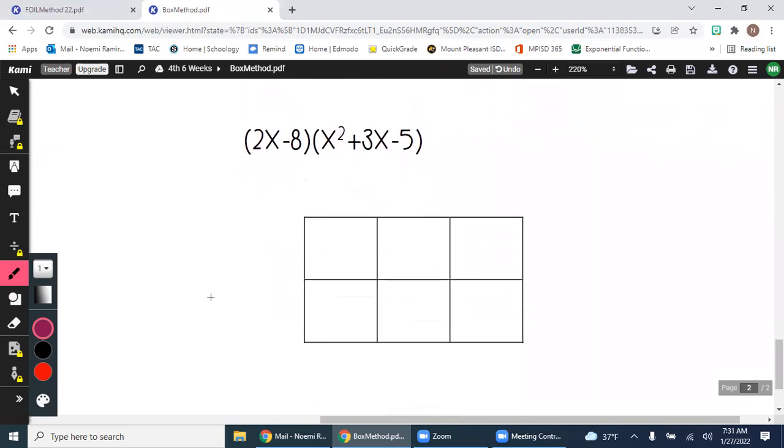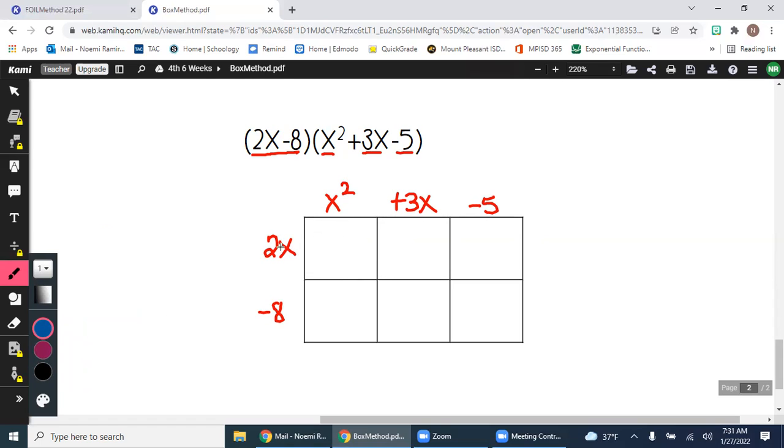Now, just because we are going to try multiplying a binomial with a trinomial. 2x minus 8 times x squared plus 3x minus 5. Now you might not have this on the STAR test.